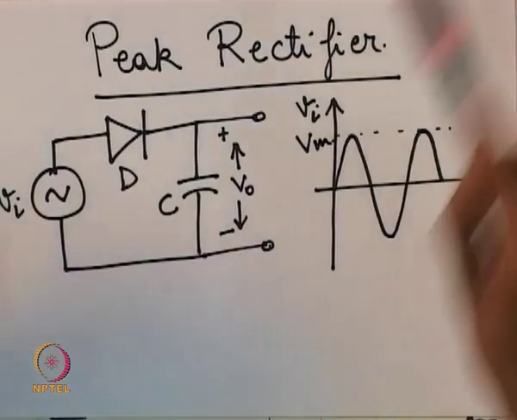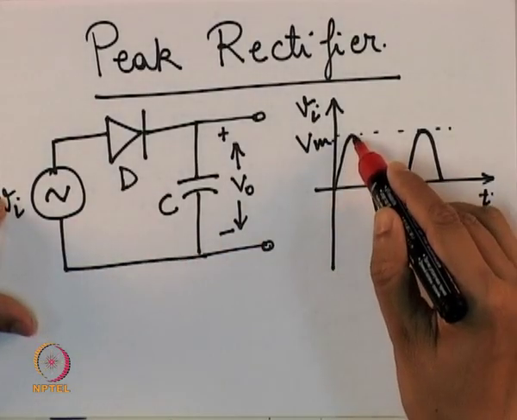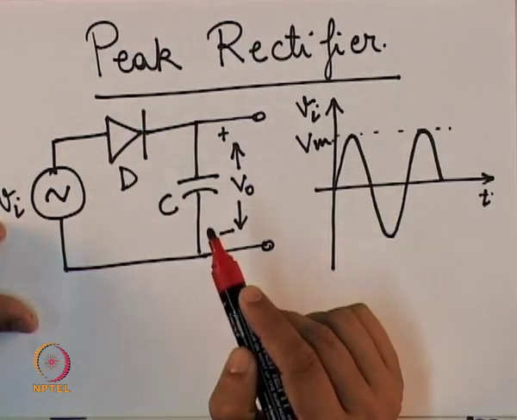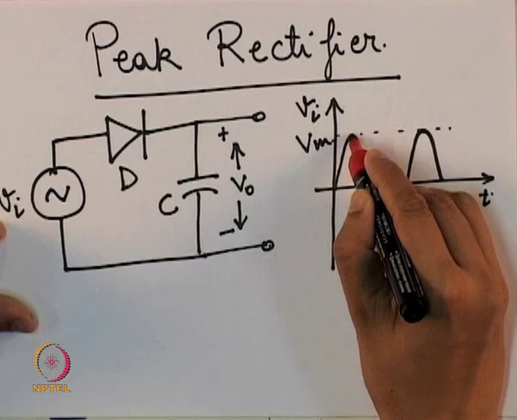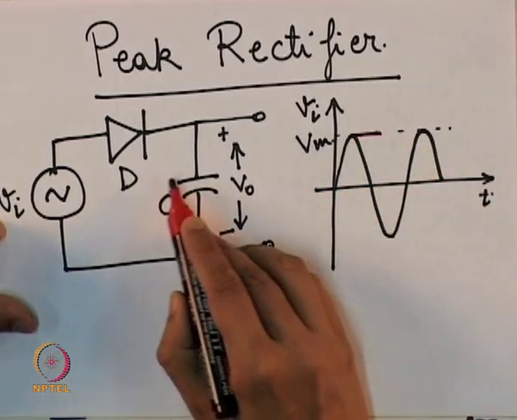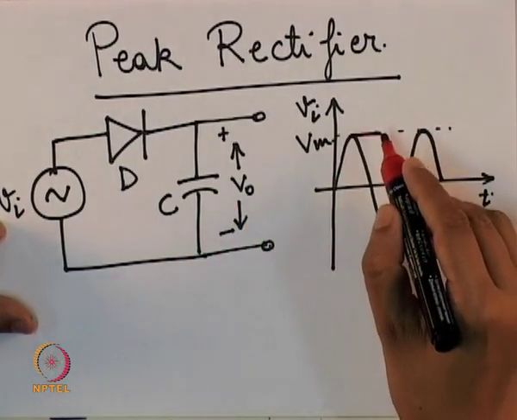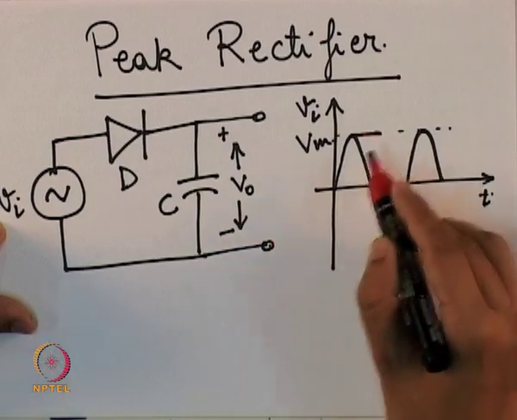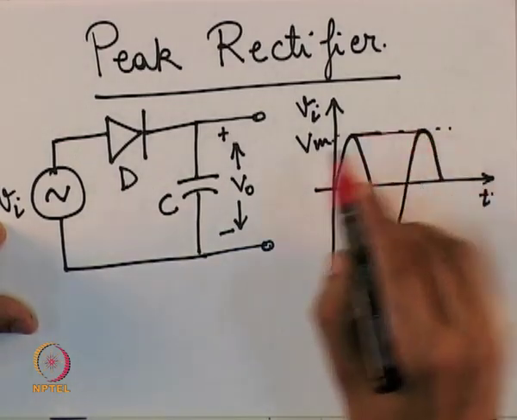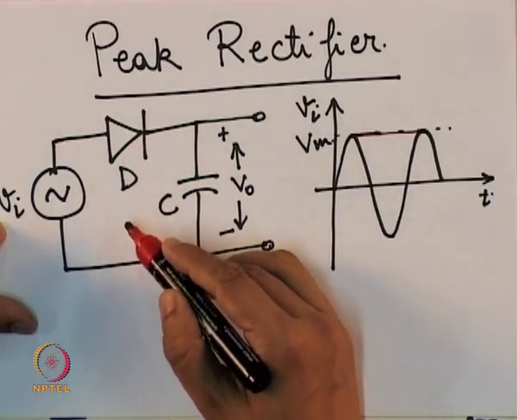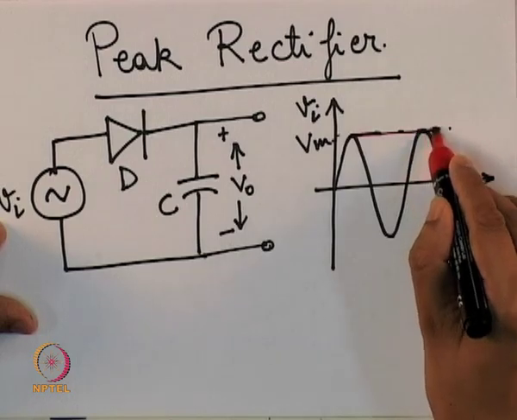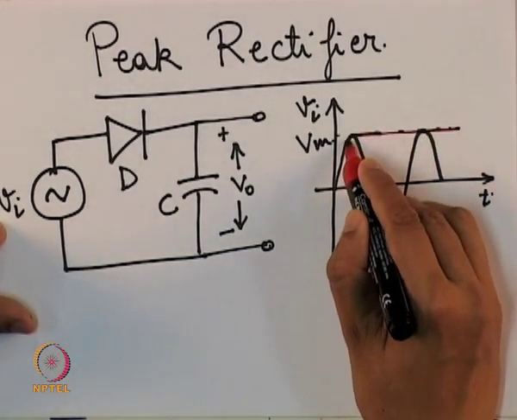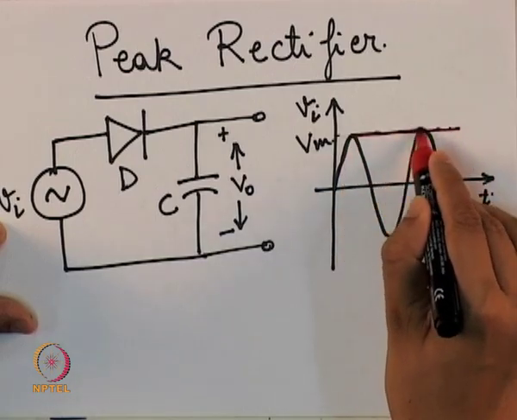However, once the input voltage decreases after reaching the peak value, the capacitor will not discharge, because this diode will now be reverse biased, and so the voltage across the capacitor will continue to remain at the value Vm, till again the input voltage reaches the value Vm, at which time the diode will again conduct, but once the input voltage starts decreasing from Vm, this diode will again go to reverse bias, and therefore, the voltage across the capacitor will be given by this curve, this red line.